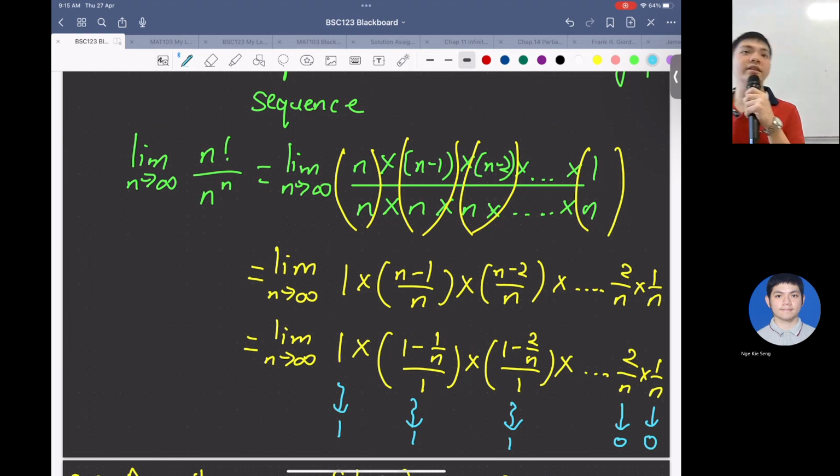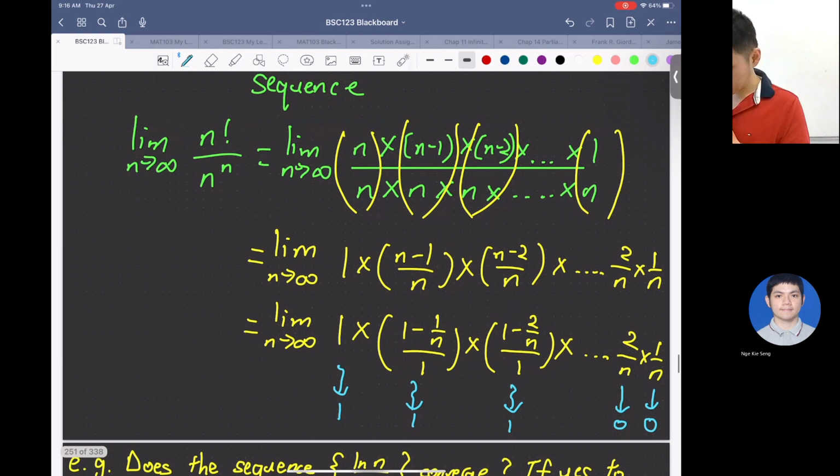So they are all convergent sequences, and the limit of a multiplication of convergent sequences is the multiplication of the limits. So you can split the limit: 1 times 1 times 1 times 0 times 0 times 0 times 0, you get 0.